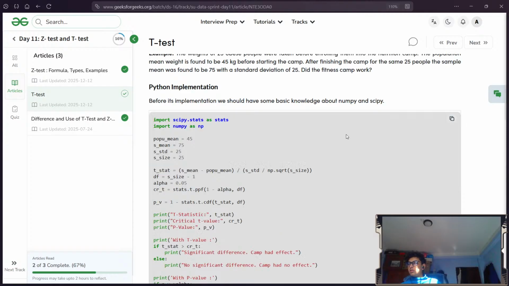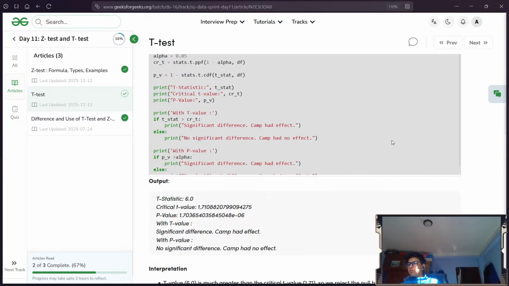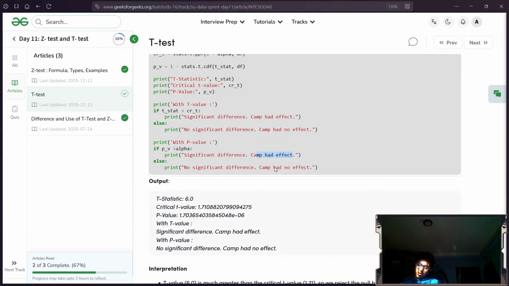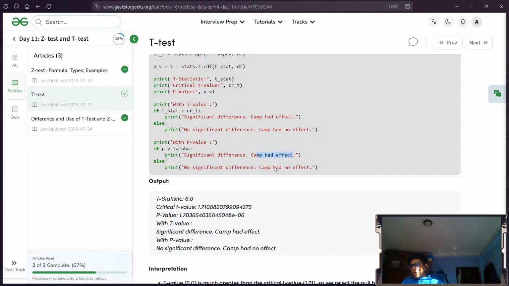Okay, null hypothesis is the fitness camp worked, and alternative is fitness camp didn't work. Worked, didn't. This is null hypothesis, this is alpha. Okay, so if p value is greater than alpha, then we accept null. It worked. Yeah, it had an effect. Whatever effect. Okay, got it. And t is less than, then we accept.